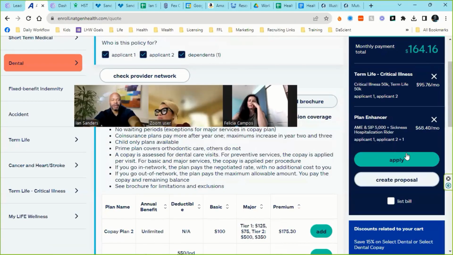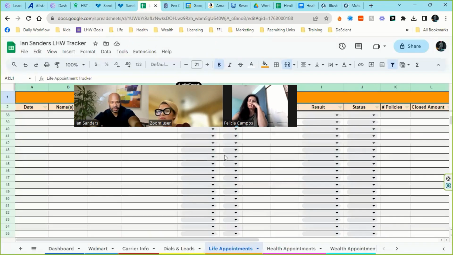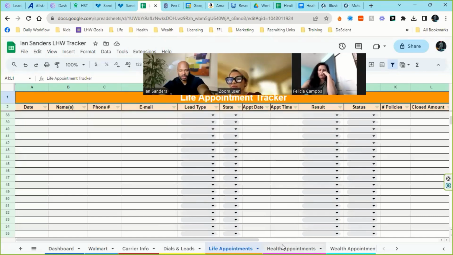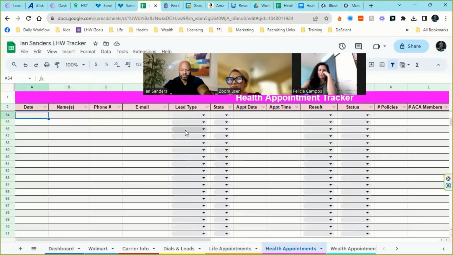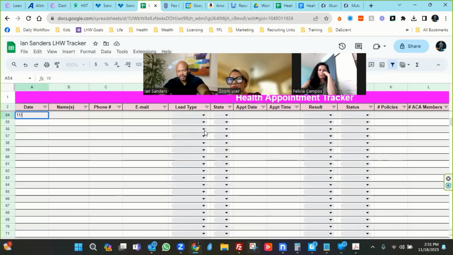All right. So now we need to enter a few things. So for one, we're going to go to the tracker, and we'll go into health appointments first. And today is the 18th.